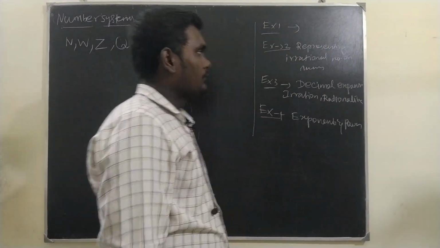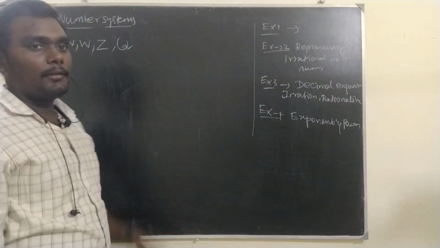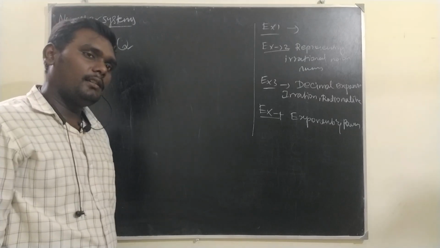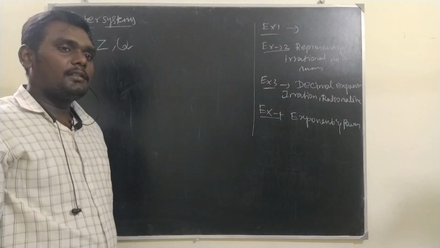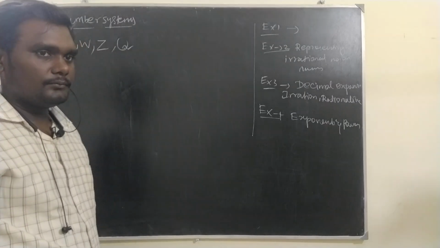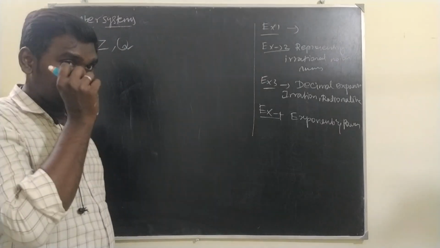Okay, we'll see. And then these rational numbers are denoted as Q. Why is it denoted as Q, like we have seen earlier? Because that represents the quotient of a division. Got it? Any doubts, clarifications?